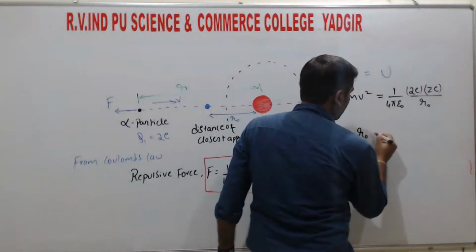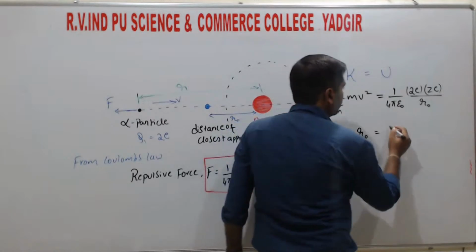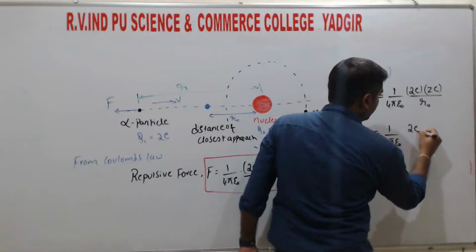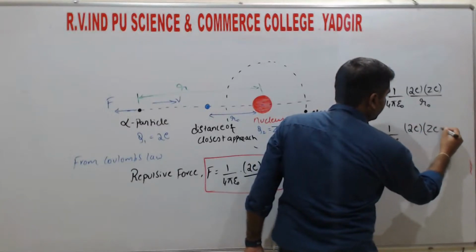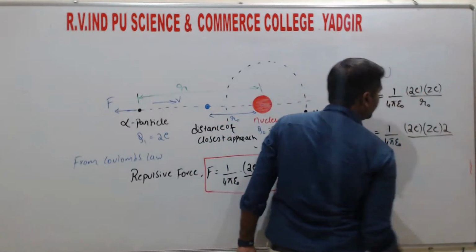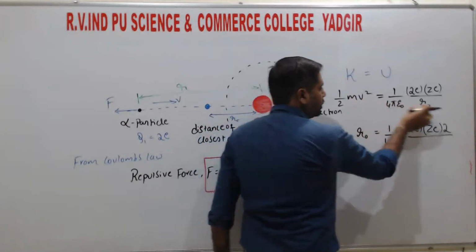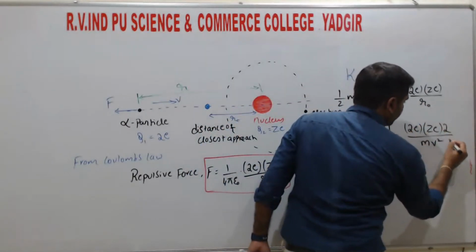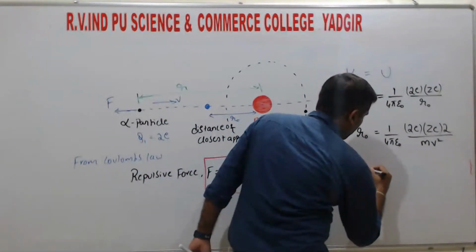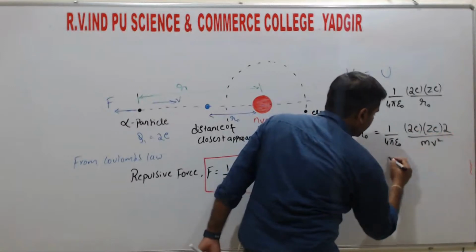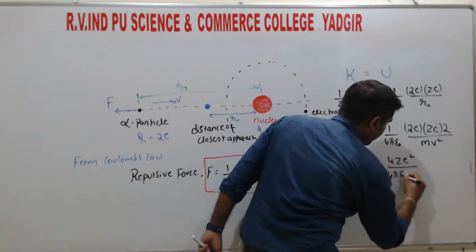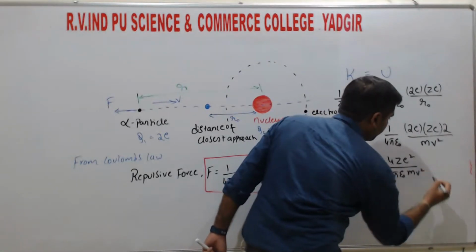If we rearrange, r naught is equal to 1 divided by 4 pi epsilon naught, 2e into Ze. These two move to the RHS, meaning they go to the numerator, into 2 divided by m v square, which goes to the denominator. Right? So finally we can write r naught is equal to 4 Z e square divided by 4 pi epsilon naught m v square.